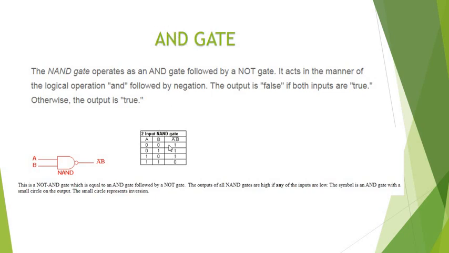So the following output of AND is not AND, it's the NAND gate. Here it says this is NOT AND, which is equal to an AND gate followed by a NOT. So you should remember how the AND works.